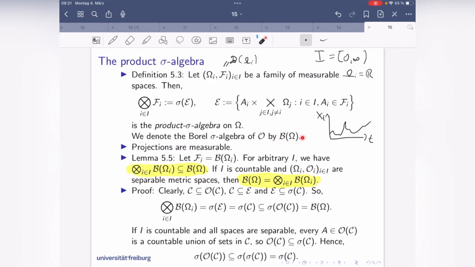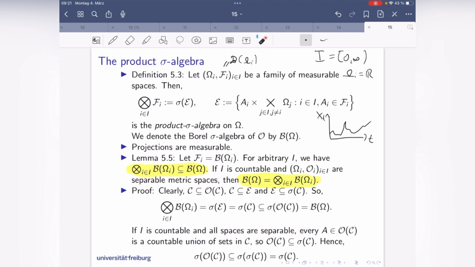But this here might also contain sets which differ from the full set at all or at uncountably many indices. That's one reason for the subset here. So this here might then contain more sets than this here.